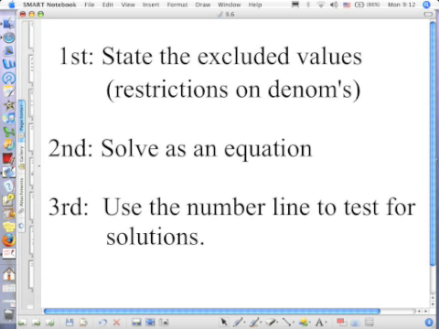So we're actually going to replace the inequality symbol with an equal sign, and we're going to solve. Because this is an inequality, you don't have just one answer. You have answers like x is greater than 2, or x is less than 2 and greater than negative 3. So we have to test our regions, and it's all going to make sense in a second.